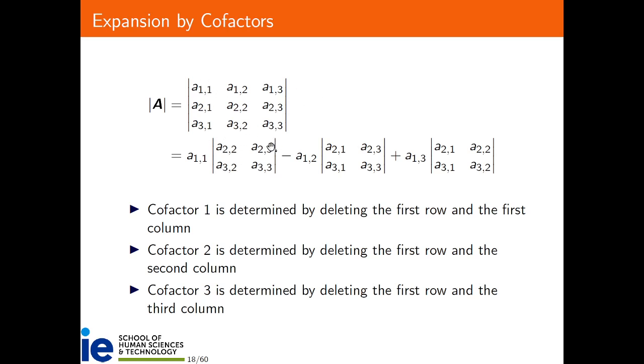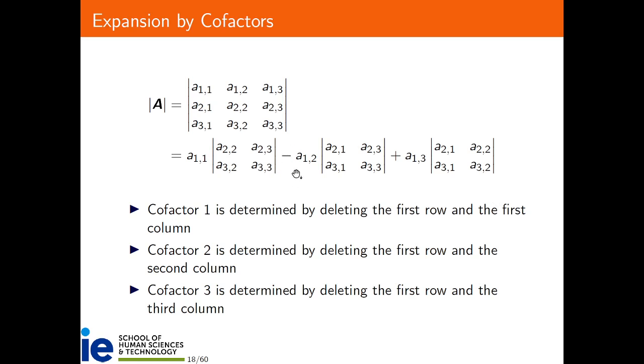So I have A22, A23, A32, A33. A12 is multiplied by the determinant of the matrix where I deleted the first row and the second column. So I have A21, A23, A31, A33, and so on.